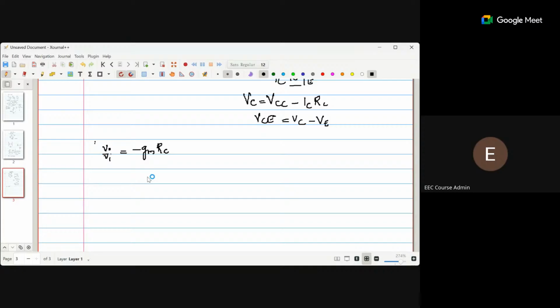Other than that, what did we see? Yeah, only these two things we had seen. And again, maybe transconductance I will just keep.